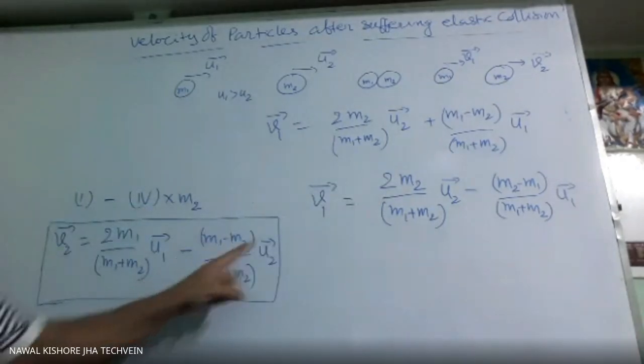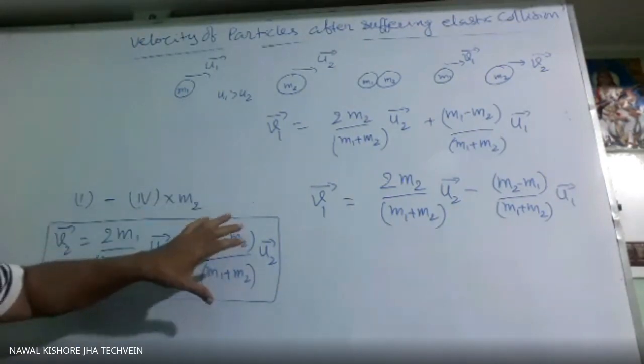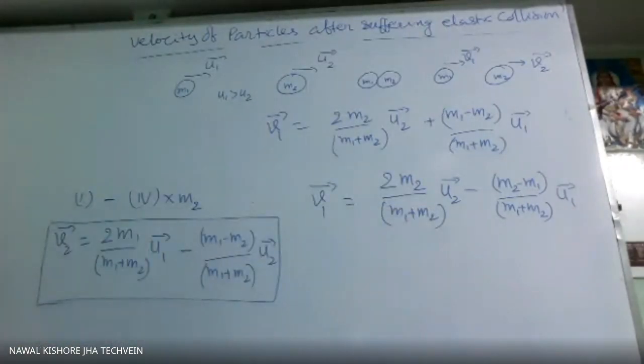Here M1 minus M2, there M2 minus M1. U2, U1. In place of M1 plus M2, you can write M2 plus M1, no problem. So if one of the velocities you got, the second one you can get by interchanging the position of M1, M2 and U1, U2.